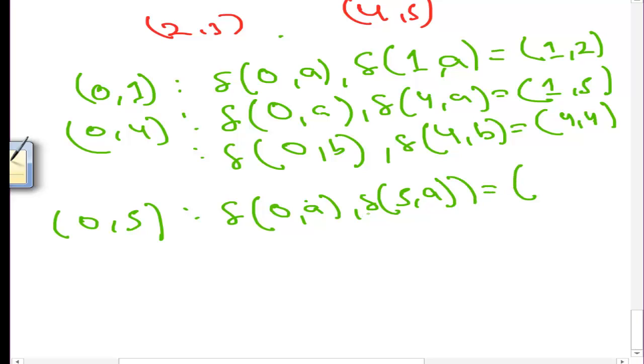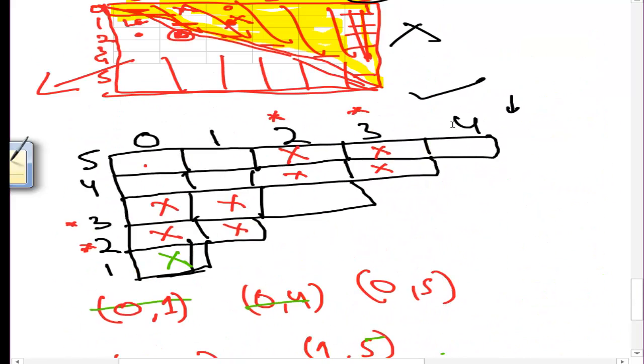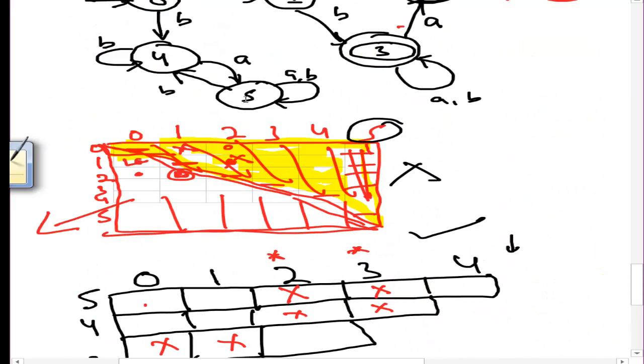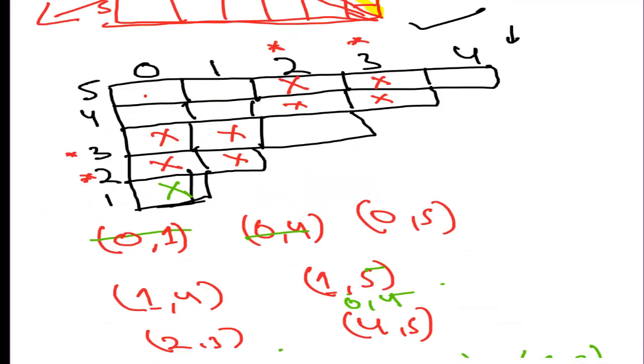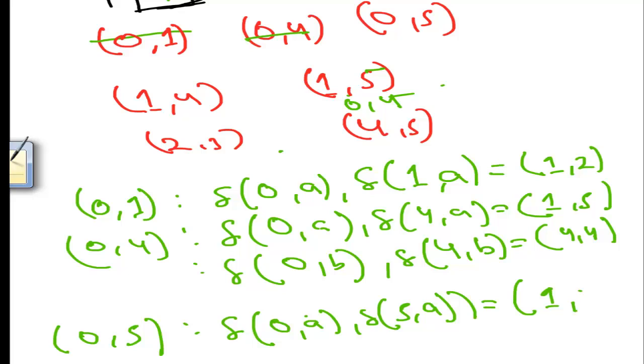Definitely 0 goes to the 1, we have seen that. We have to see where 5 goes on A. 5 on A goes to 5 itself. So it will go to the 5 itself.